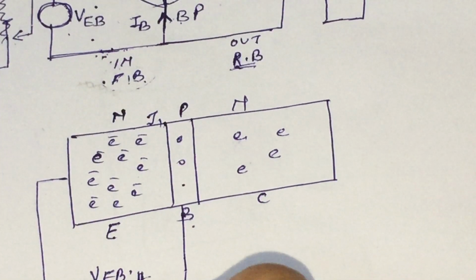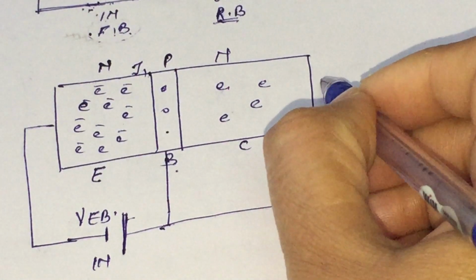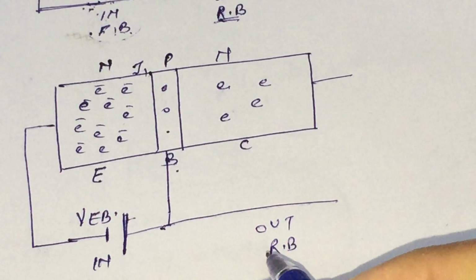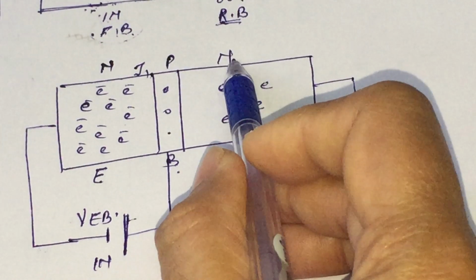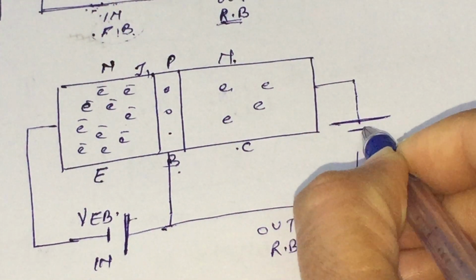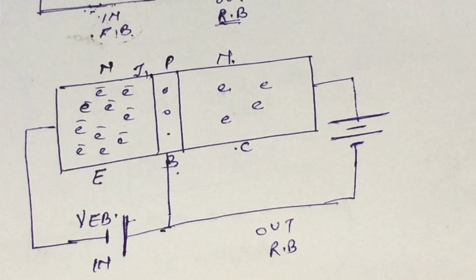Similarly, to put the output side, that is base and collector terminal, in reverse biasing, we have to place a source here, and the n-type collector is connected with the positive terminal of the source, and the p-type base is connected with the negative terminal of the source.